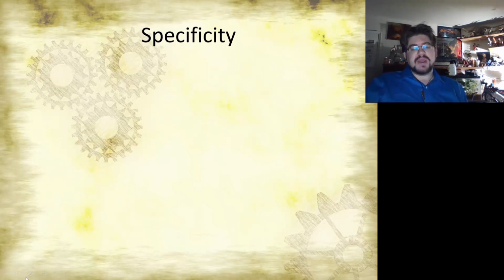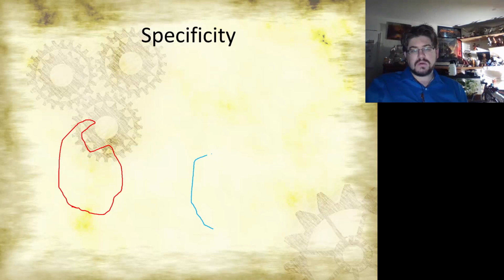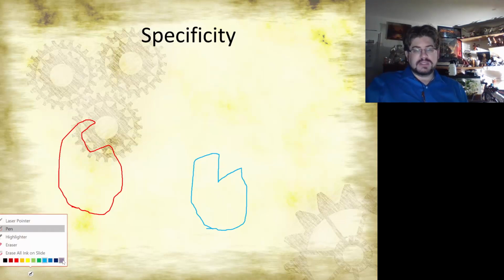So an important thing about enzymes is that they are specific to their reactions. So here's a little enzyme here, and there we go. And then let's have another enzyme here. And maybe one more enzyme over here.